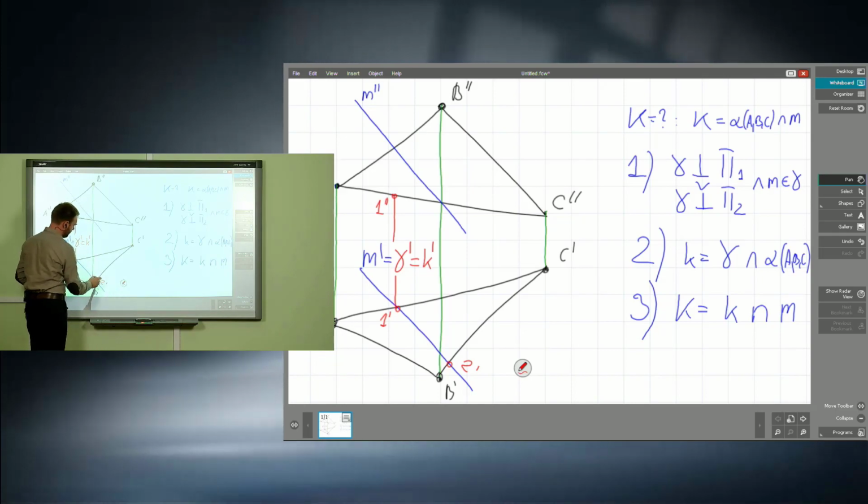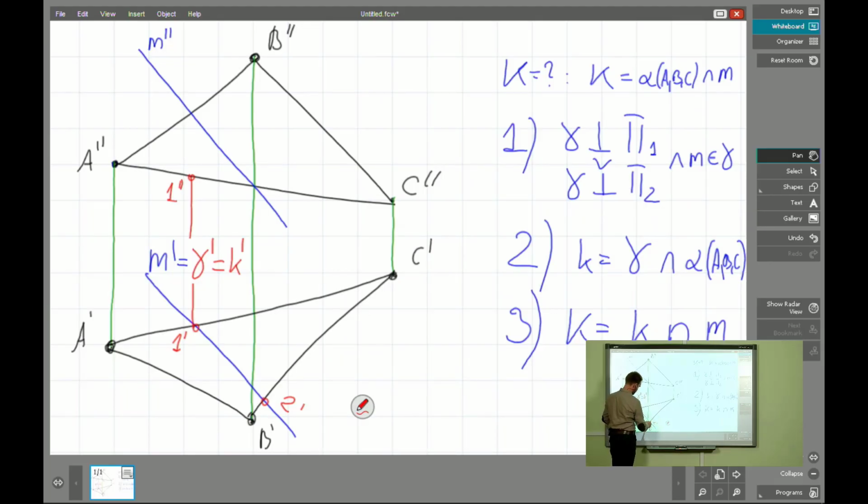The same case for 2 prime: from B prime, C prime, we lift up to B double prime, C double prime, and here we see the second projection, 2 double prime. And now I will call that point in the moment, and in the next step we can introduce the elevation projection of K, and it will be K double prime. And now I see where I have the empty space, and here we have 2 double prime.